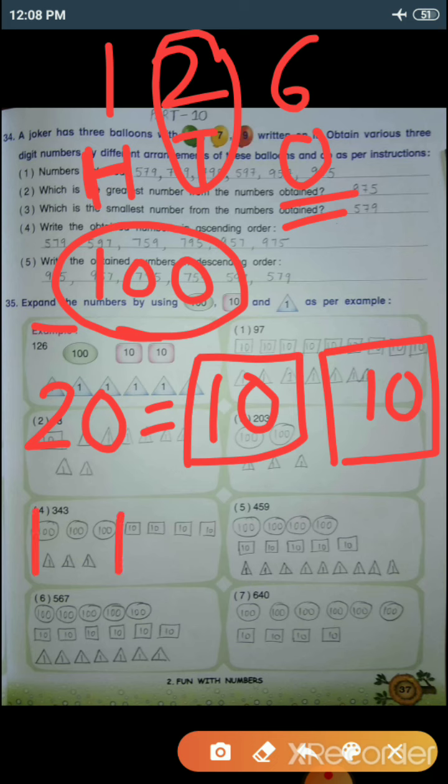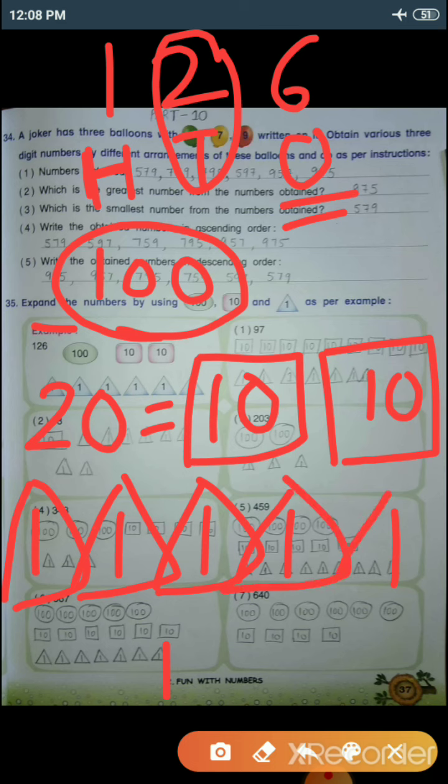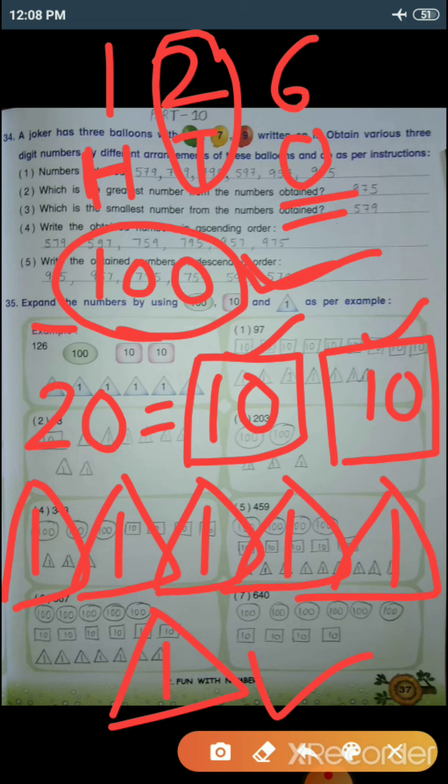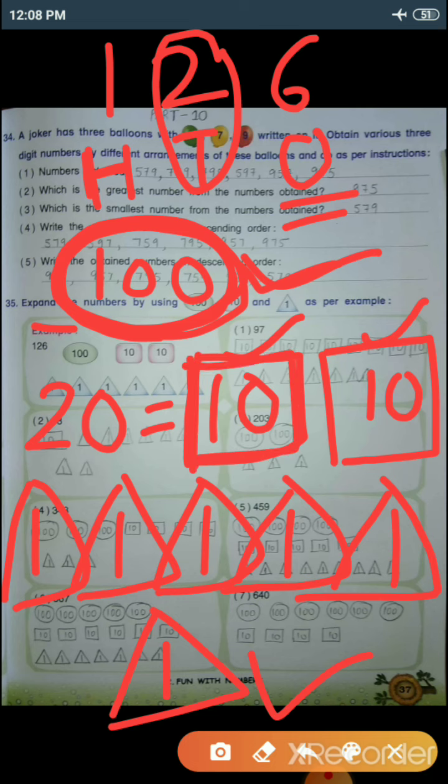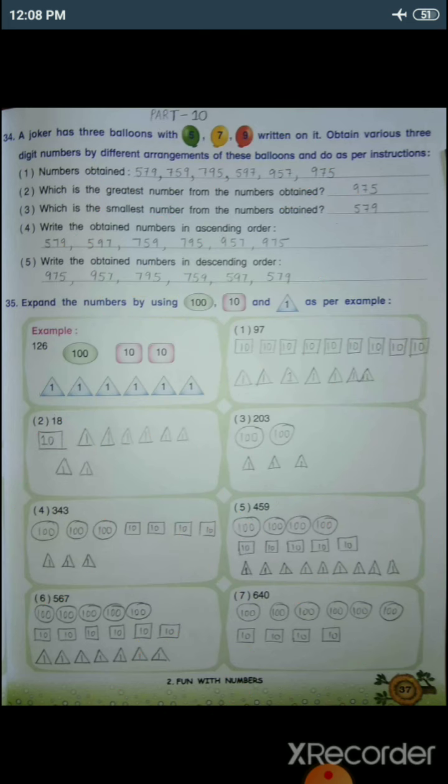So 1, 2, 3, 4, 5, 6 and we put a triangle on these numbers. So circular form shows the 100's place value, square shows the 10's place value and triangle shows the 1's place value.